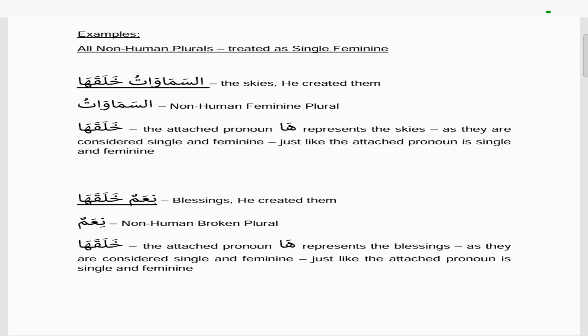So you see in this example that the as-samawatu is considered single and feminine, and then the ha, which is attached to khalaqaha, which means he created them. That ha refers to the as-samawatu, because it has the same, single and feminine, just like the as-samawatu is considered single and feminine.